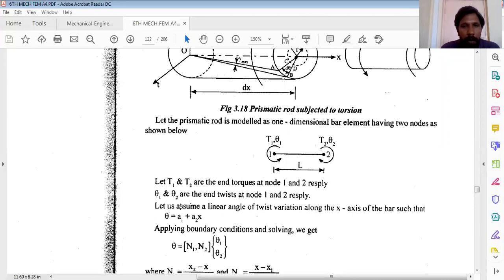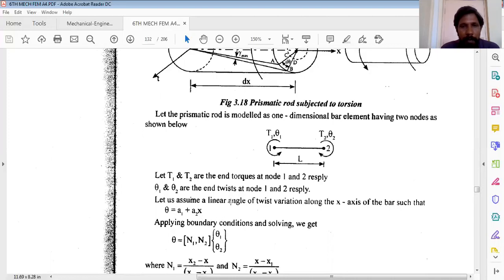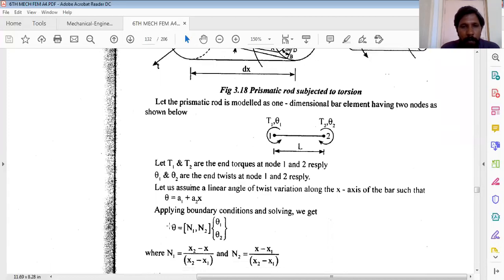Now we have to use the boundary conditions of node 1 and node 2 in order to calculate the values of a1 and a2, the generalized coordinates. Once you calculate that, what we will get is theta equals the shape functions n1 n2 into the displacement vector in terms of angle of twist as theta 1 and theta 2.